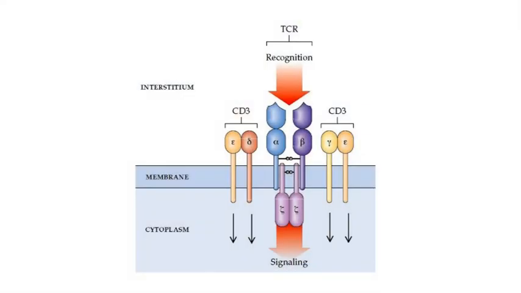CD3 is a complex of 5 invariant polypeptide chains that associate to form dimers: a heterodimer of gamma and epsilon chains, a heterodimer of delta and epsilon chains, and a homodimer of 2 zeta chains, or a heterodimer of a zeta and an eta chain. The T cell receptor complex can thus be envisioned as a 4-dimer. The alpha beta or gamma delta TCR heterodimer determines the ligand binding specificity, whereas the CD3 dimers are required for membrane expression of the T cell receptor and for signal transduction.